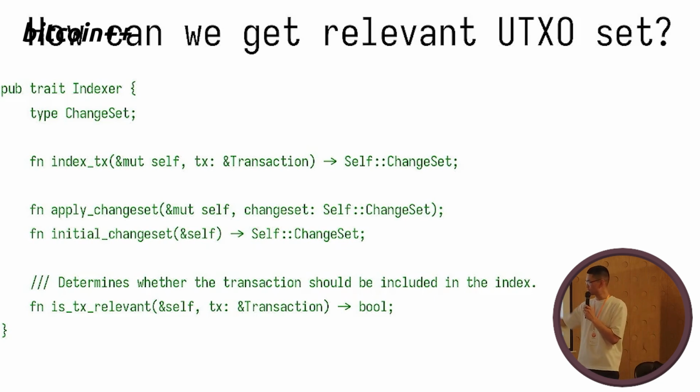All structures have this. We have it for the transaction graph, the local chain oracle, and our indexer implementations as well. The indexer just indexes transactions. That's all it does. You give it a transaction and it indexes it, and that's it.